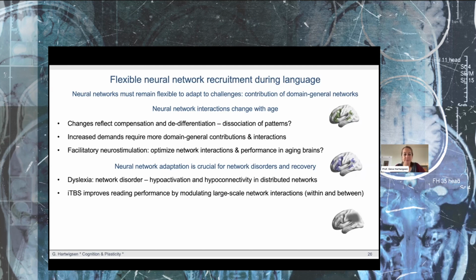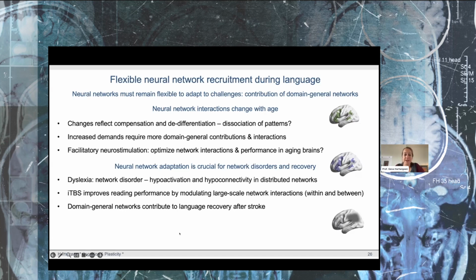We see that iTBS, so facilitatory TMS, seems to improve reading performance, at least for complex pseudowords, by modulating large-scale network interactions, both within the reading network and between the reading network and domain general networks.